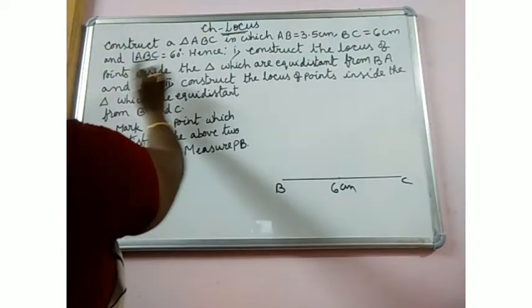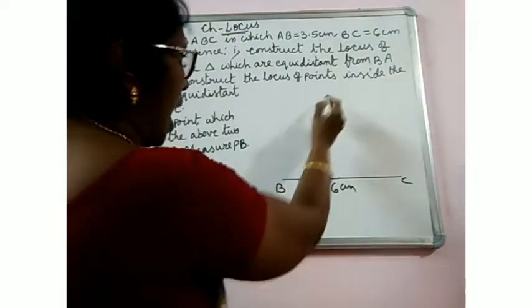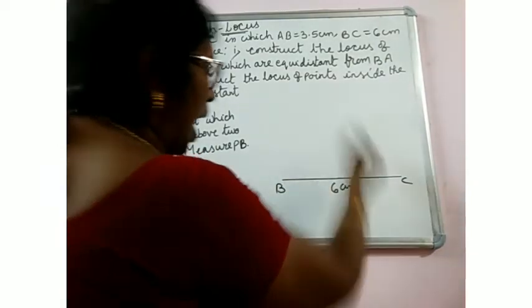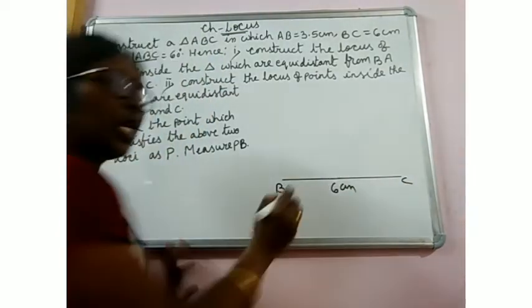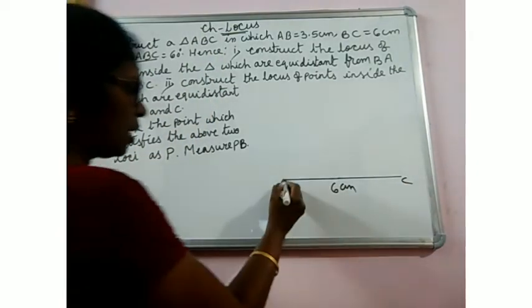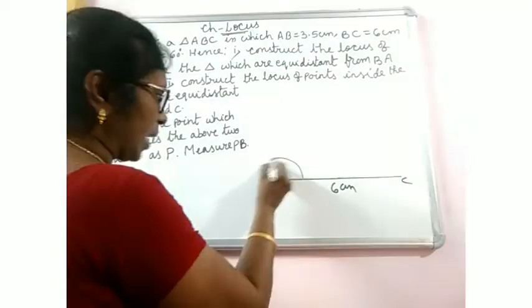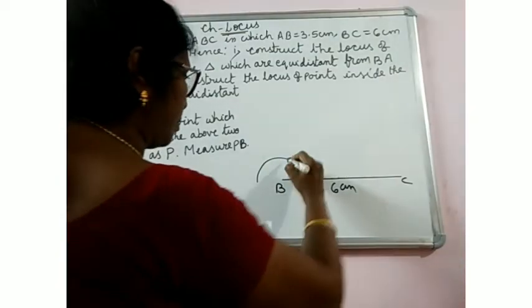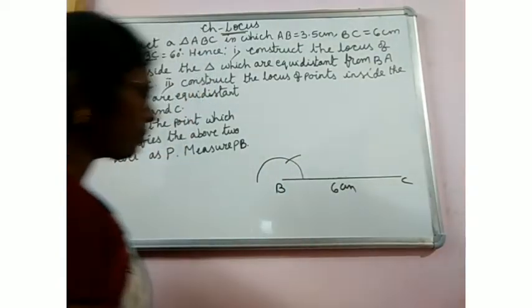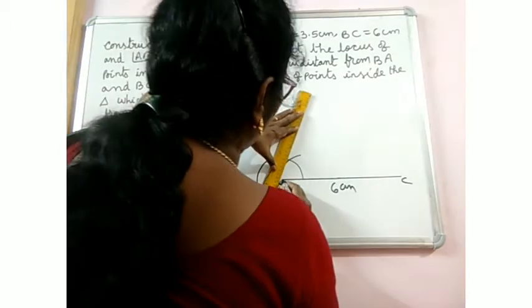Now angle ABC is 60 degree. Angle A is somewhere here. Taking B as center, construct angle 60 degree.